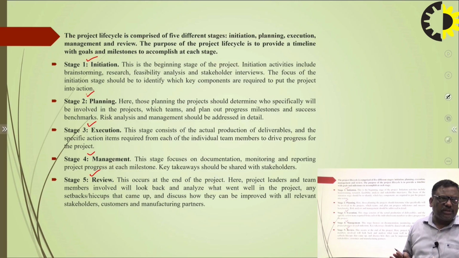Monitoring and control means that when we develop a project, we monitor each and every objective or sub-objective achieved by the team or not, and that can be measured by the project manager.